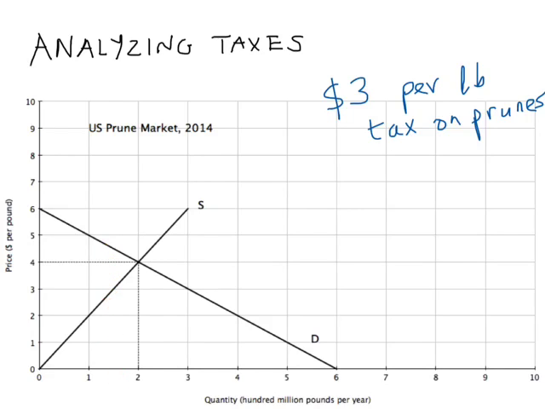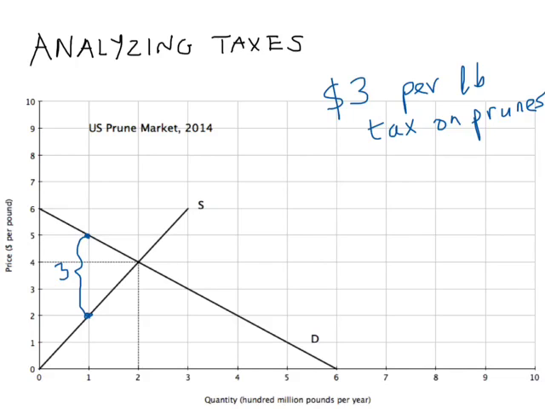So to analyze this tax graphically, the algebraic analysis of a tax is completely analogous to this technique. Anyway, to analyze a tax graphically, you just look for the place where the vertical distance between what the buyer pays for a given quantity of prunes and what the seller receives is exactly equal to the size of the tax here, $3. And lo and behold, you see why I chose this tax. We see that only at a quantity of 100 million pounds exchanged per year does the vertical distance between the price buyers pay and the price sellers receive equal the tax.